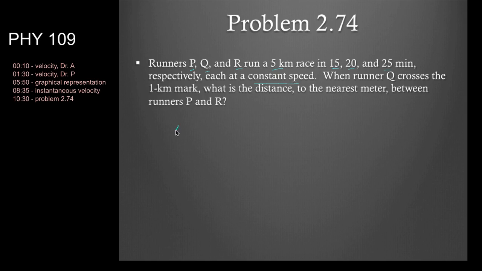So let's draw a real quick description here. We know that we have three different runners, and each of them is running at a different speed. They start here at x equals 0.